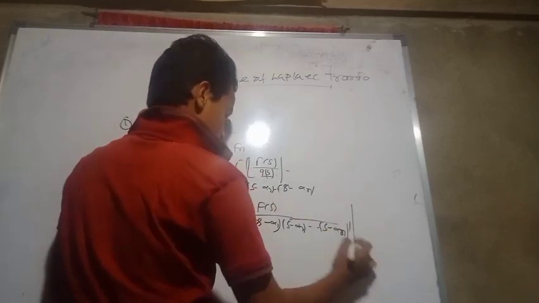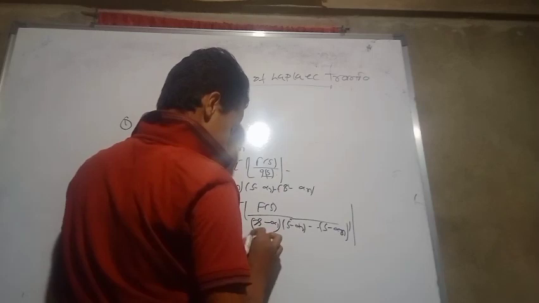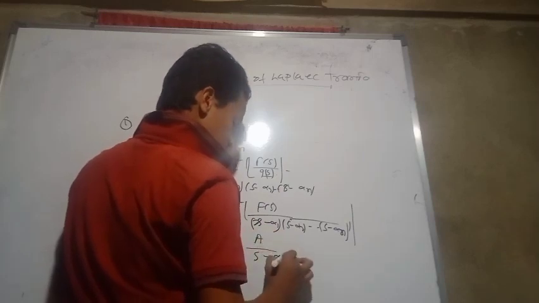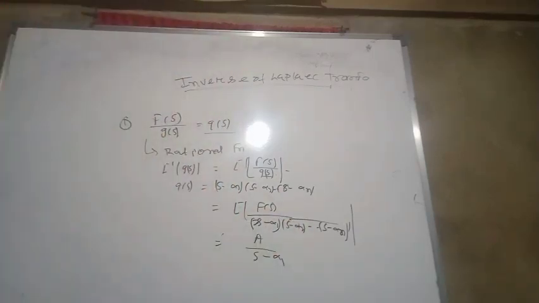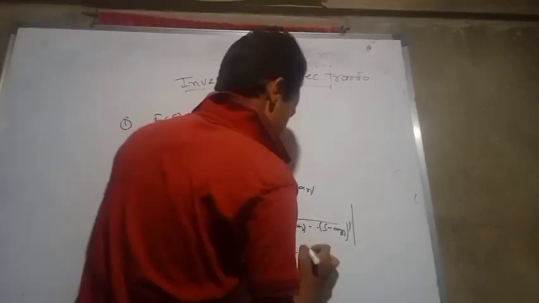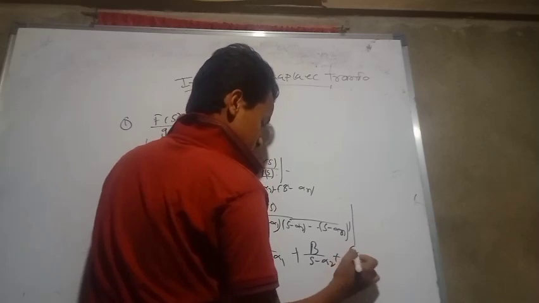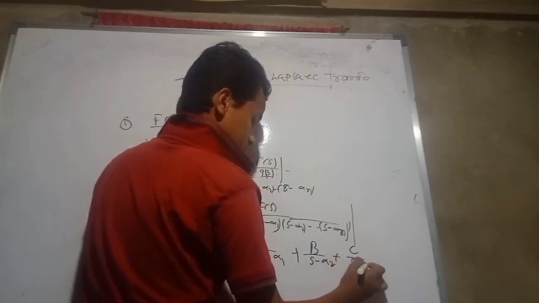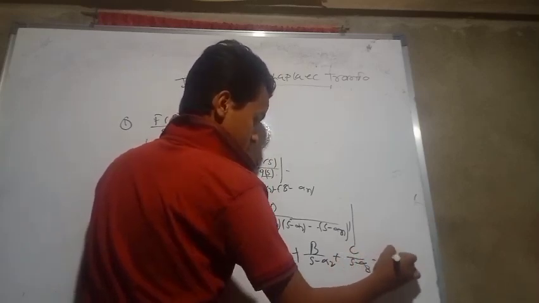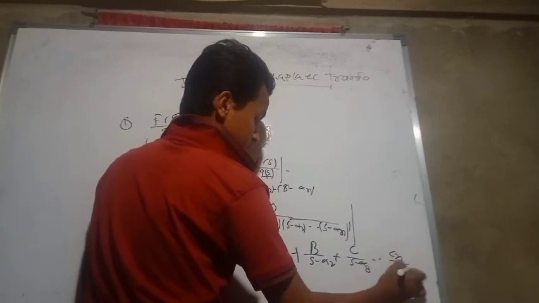To find the values, we write it as A upon (s minus alpha 1) plus B upon (s minus alpha 2) plus C upon (s minus alpha 3) and so on up to the term with (s minus alpha n).